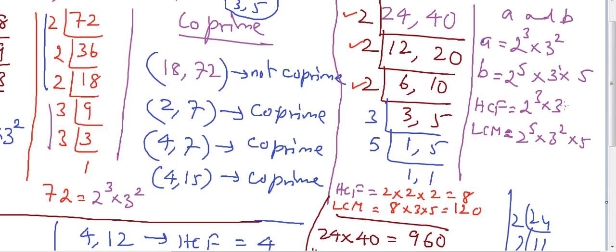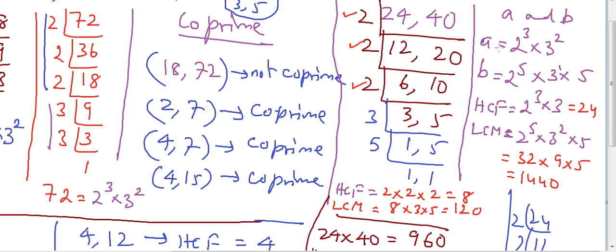Here, 2 power 3 is 8, into 3, so the HCF is 24. And for the LCM, 2 power 5 is 32, into 9 into 5, which is 160 into 9, so 1440.